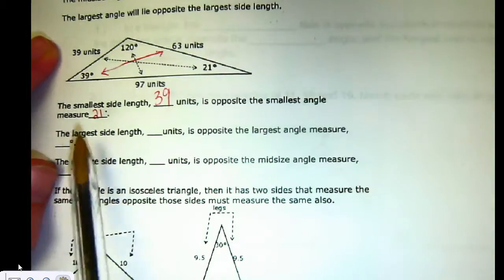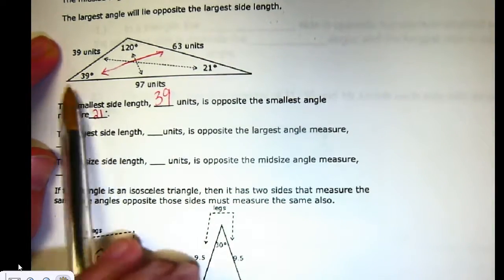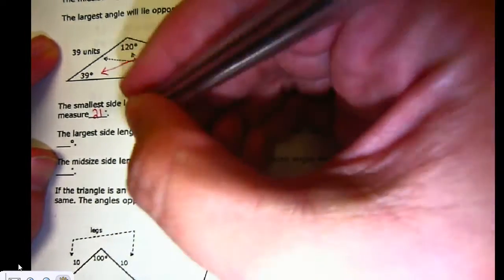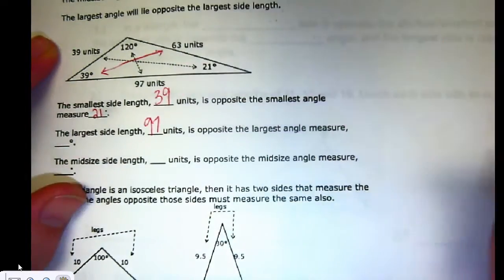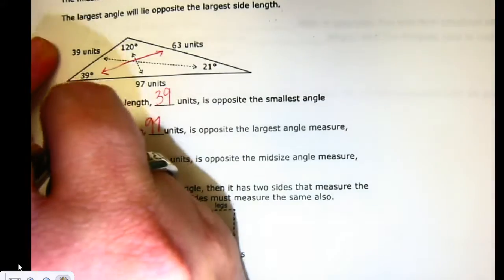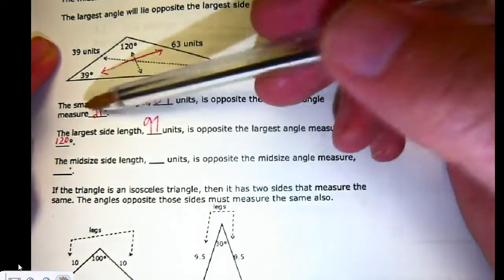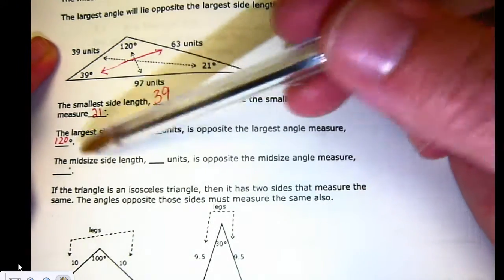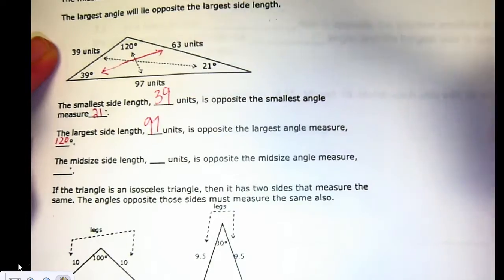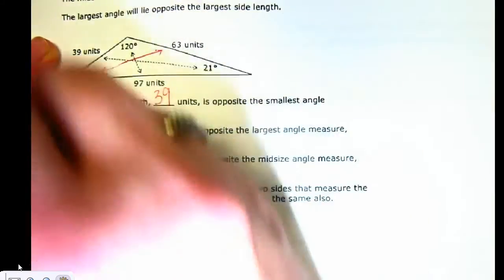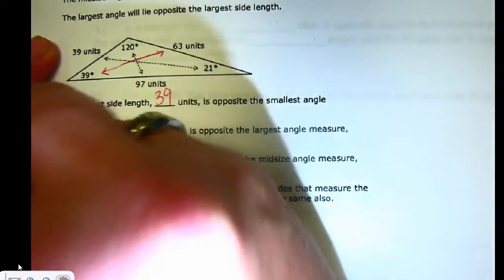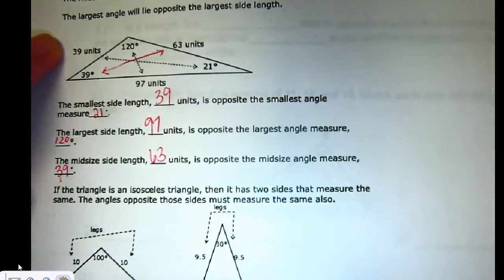Okay, so then let's do the largest. The largest side length is here, which is 97 units, and it's going to be across the largest angle, which is 120. And so, like I said, small and large first, and then go do the middle. The middle side length is what's left, and that's the 63, and it's going to be across from the middle angle, which is 39. Alright, so make sure you get those down.